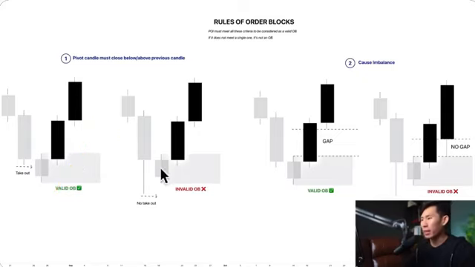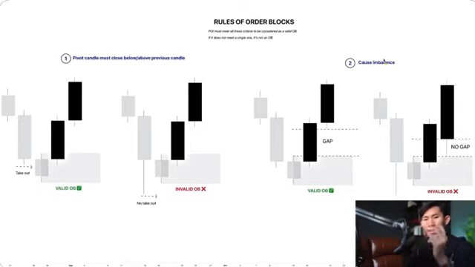Looking at these 2 examples, this pivot candle did close below the last candle, but this pivot candle did not manage to close below the previous candle, since this previous candle went all the way down here. So this pivot candle actually closed up here, so it's not considered a valid order block in this case.